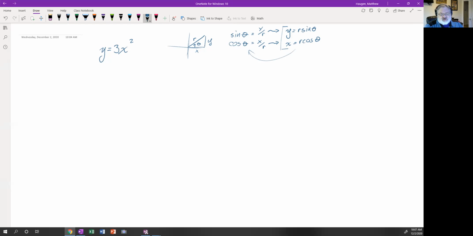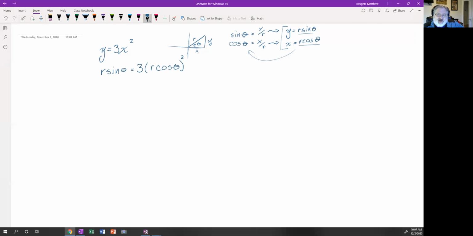So if we want to go from Cartesian coordinates into polar, all we need to do is replace any x's with this r cosine theta and any y's with that r sine theta. So we end up with this y as r sine theta, and that x as r cosine theta.